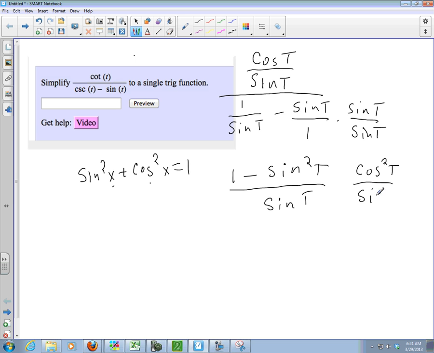So let's rewrite everything here. I've got the numerator up here, I've got cosine t over sine t divided by this.